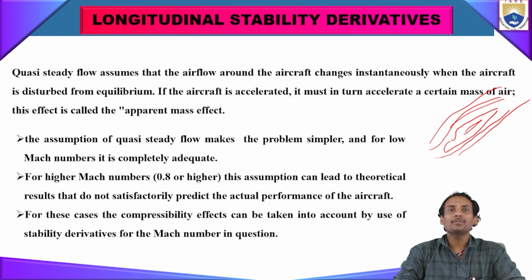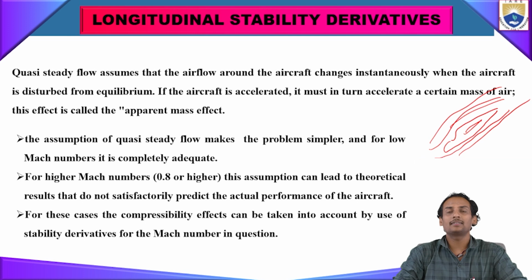Okay. So for higher Mach numbers, like subsonic Mach numbers in a higher range, more than 0.8 and higher, this assumption leads to theoretical results that will not be satisfactory to predict the actual performance of the aircraft.